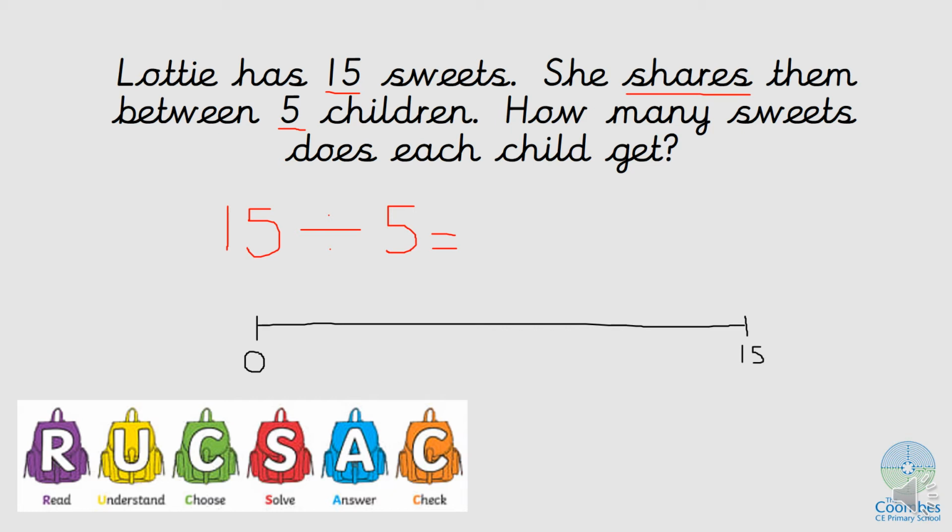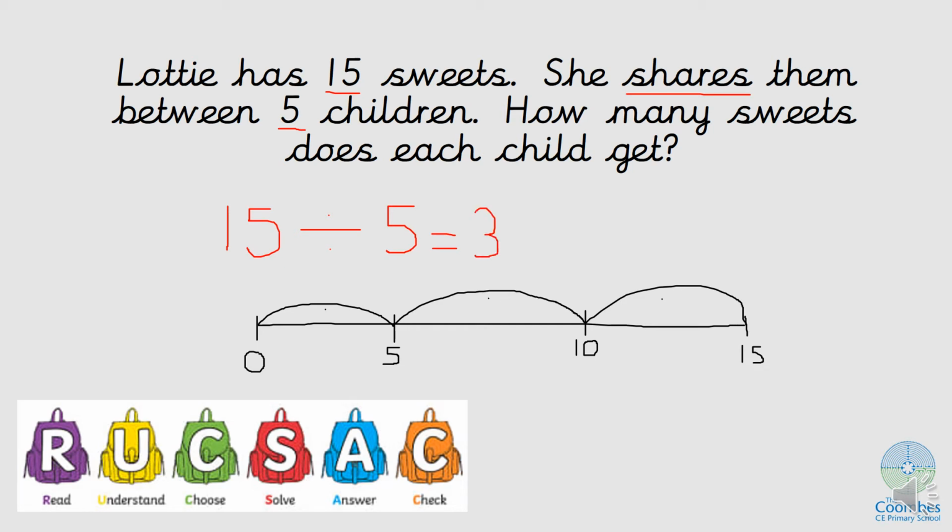So we would have 5. There's my first jump. 10. 15. How many jumps have we done? 1, 2, 3. So my answer must be 3.